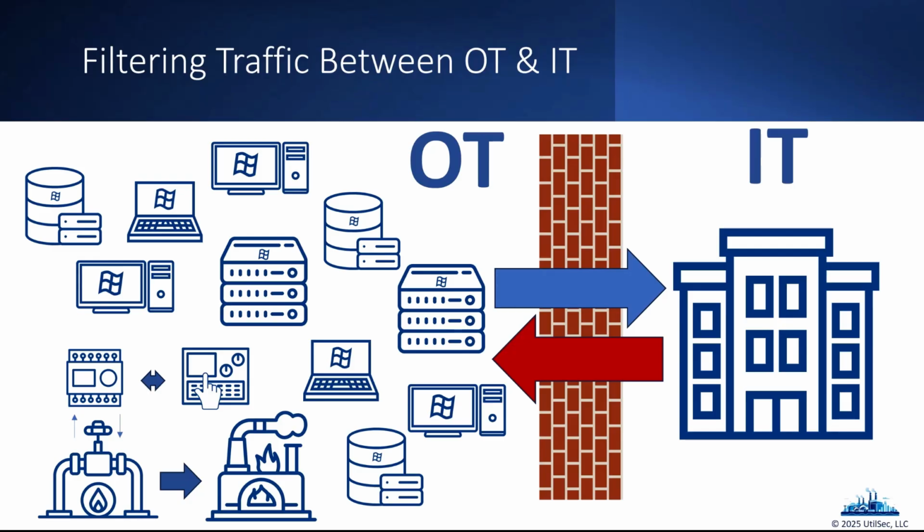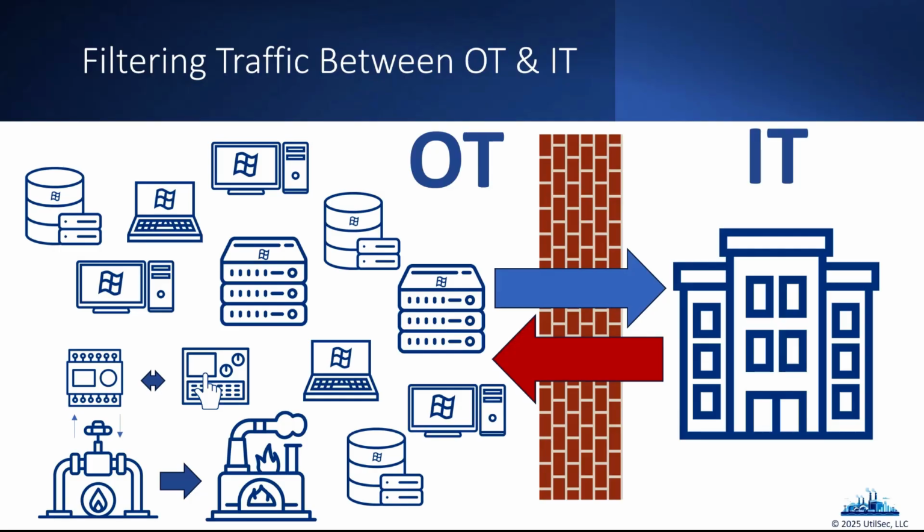So remember, though, that OT, because it's comprised of so many Windows machines, has all of the same vulnerabilities that we see on Windows machines in IT. And sure, the majority of OT environments now have a firewall between themselves and IT, to filter traffic between IT and OT. Not all of them, but most, I would say.